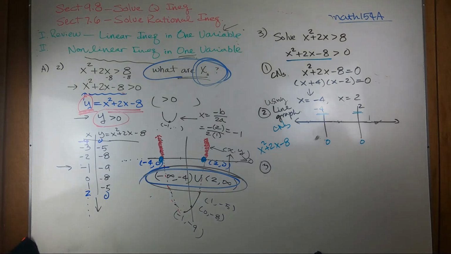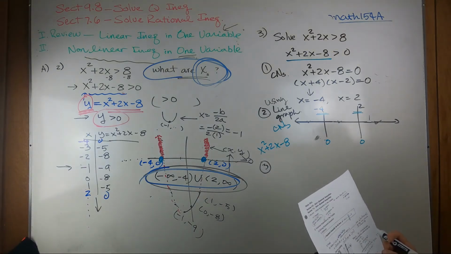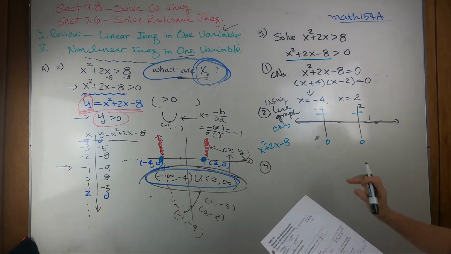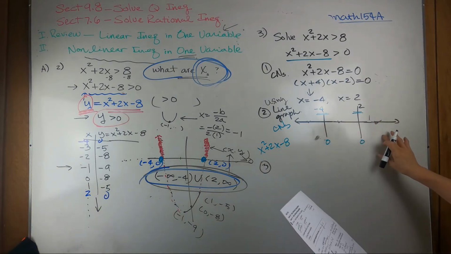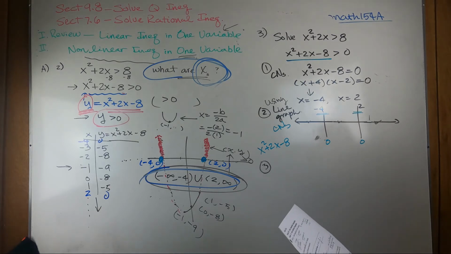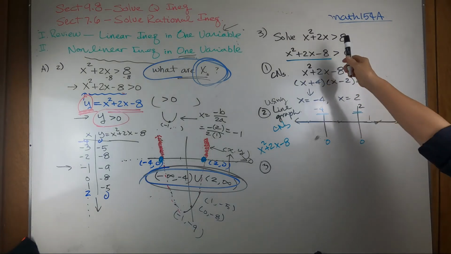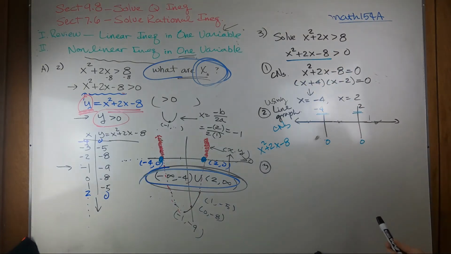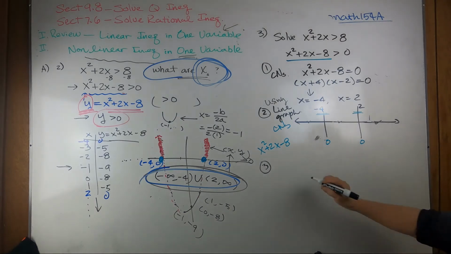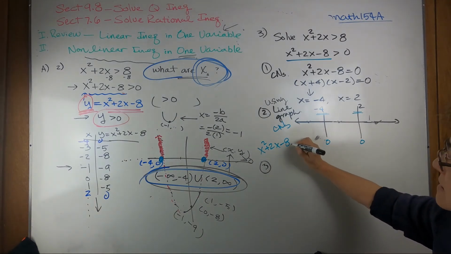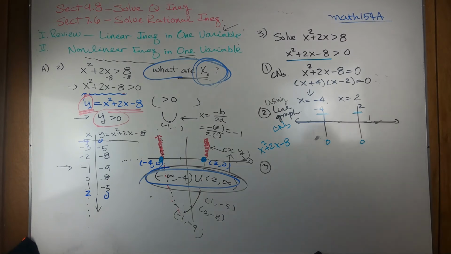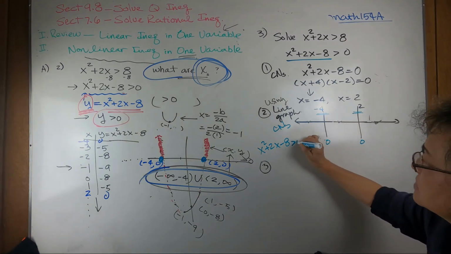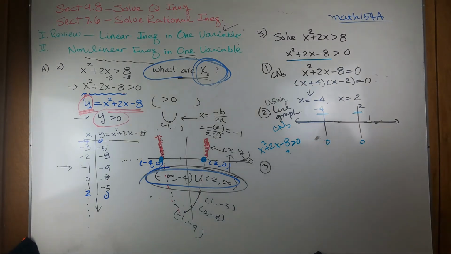Then next step, look at your page 23. For the 3 regions, you test them with the original inequality to see which one is working. So that's the original, to see if this one is bigger than 8 or not.